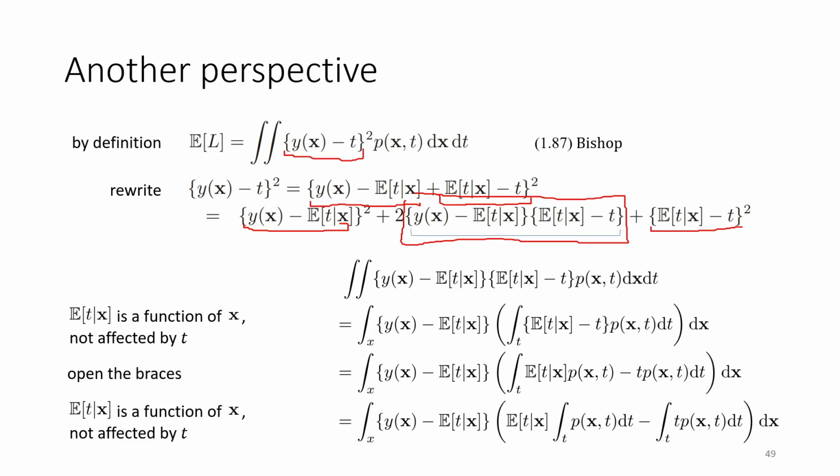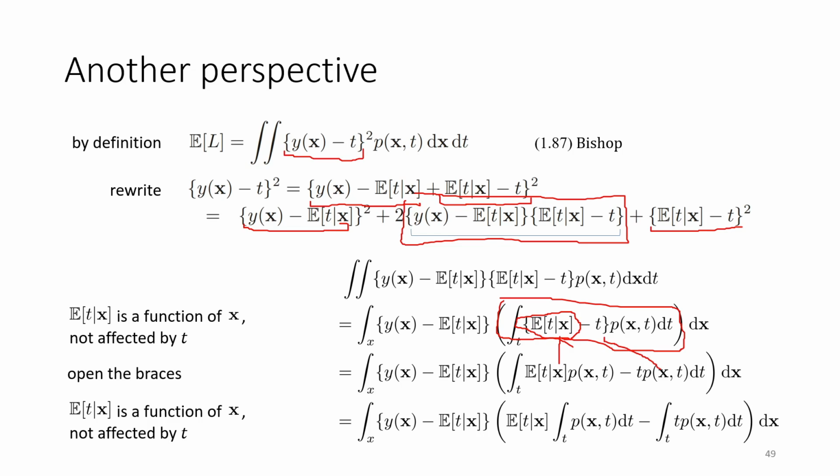Because this is a double integral over dx and dt, and for this part there is no t here because this is a constant, so we can move it out. And once we open the brackets here, we can divide the first term and the second term.